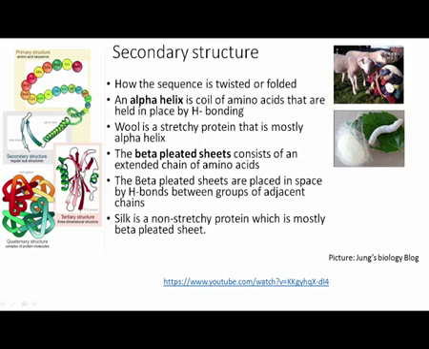In these two examples, wool and silk, the structure is primarily alpha helical in the case of wool and primarily beta sheet in the case of silk. But remember, these are not the only types of structures that are possible. It can form a combination of these structures, which we will look at in later slides.